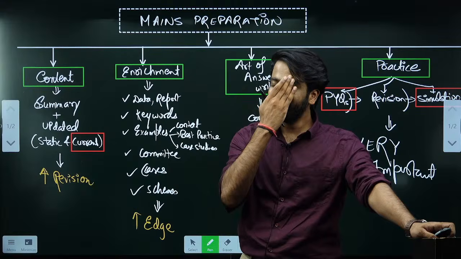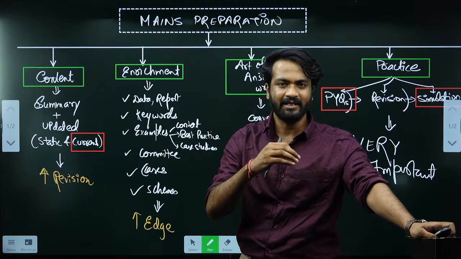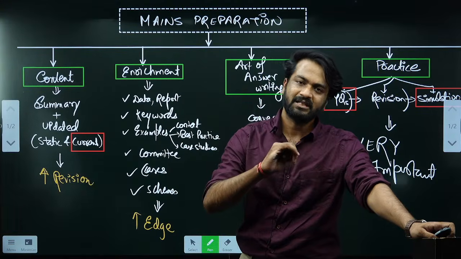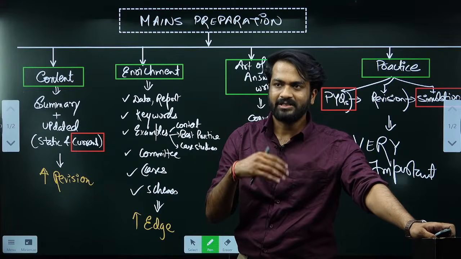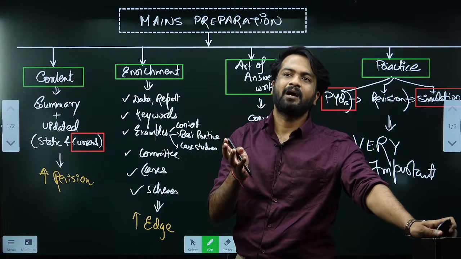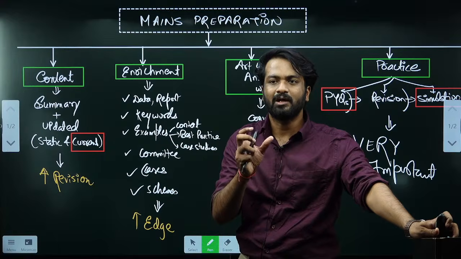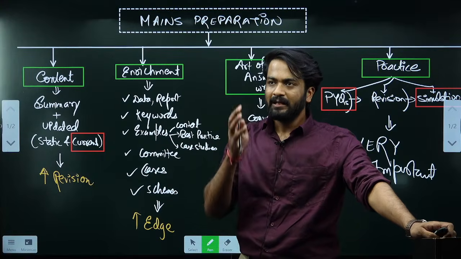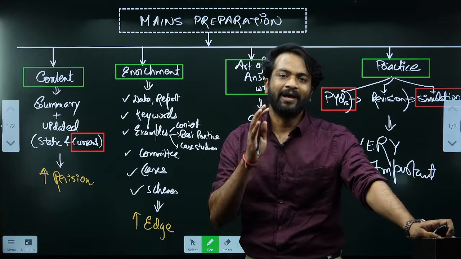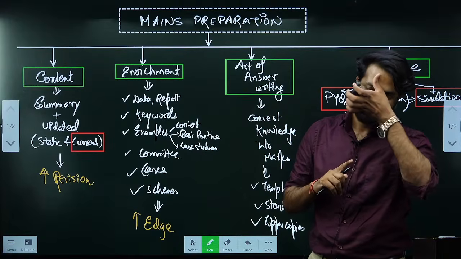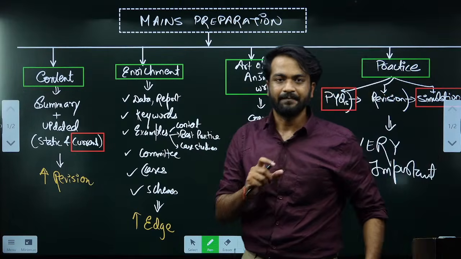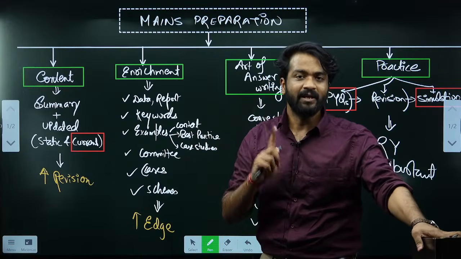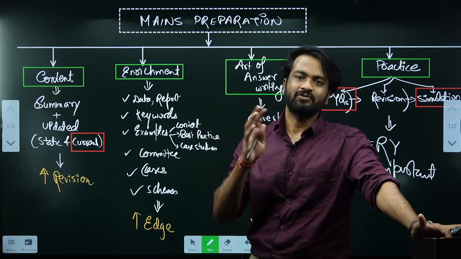See, what we do is sometimes we are just running behind the content, sometimes just running behind the practice, or sometimes just running behind the current affairs. Mains is all about balancing these four heads. First head is content, which should not be bulky, which should not be 1000 pages.